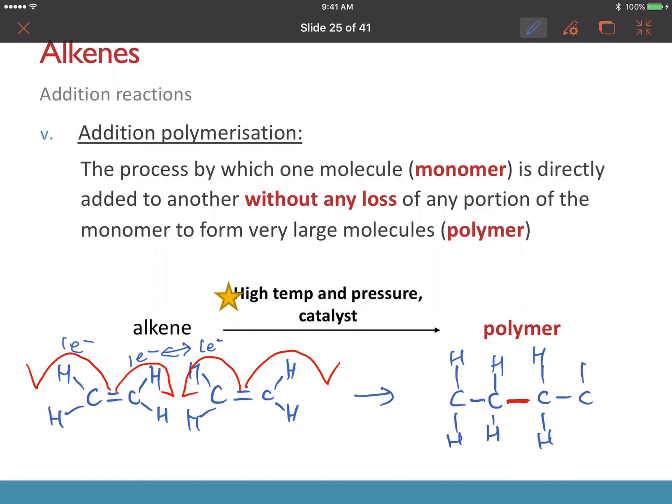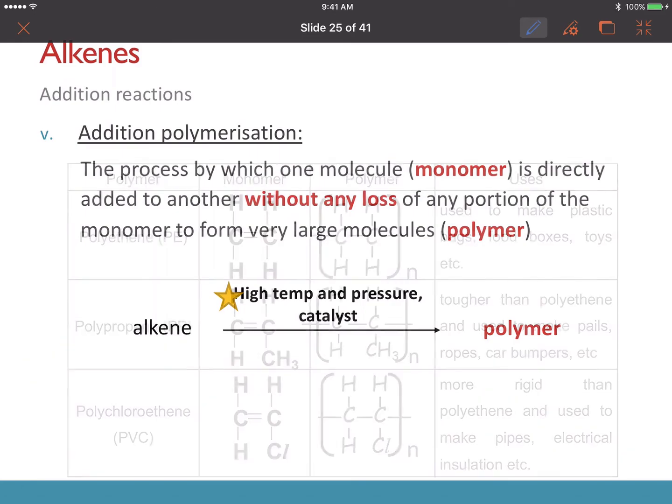And if you think about it happening for a huge chain of ethene molecules, you can see that this will keep continuing to form a very large molecule. See that there's no loss of any portion of the monomer. Nothing is lost in this reaction. Again, A plus B gives you C.